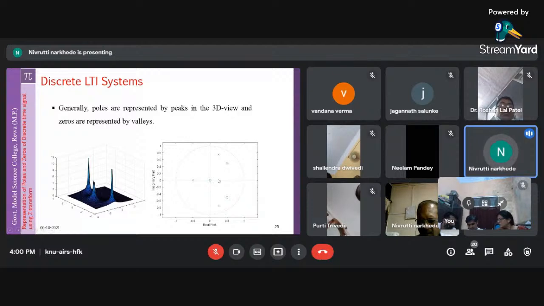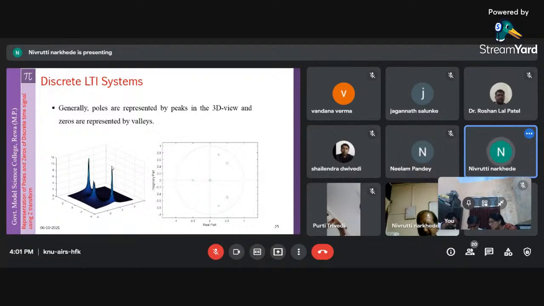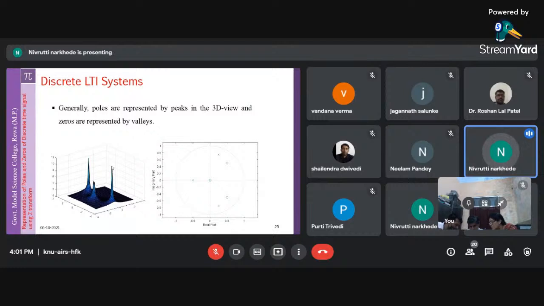Equating the numerator to 0, we get these roots. These 3 zeros and 3 poles can be observed in MATLAB this way. So if MATLAB software is available, we can analyze or design a filter easily using Z transform techniques.